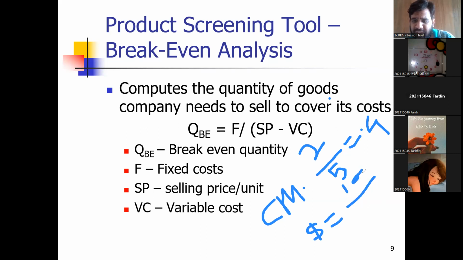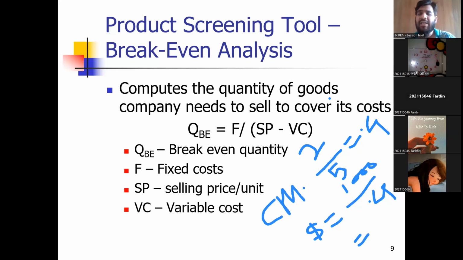Here the fixed cost is $1000 divided by 0.4 is equals $2500. So if you can sell $2500 equivalent value, this is also your break even point in volume, or you can calculate break even point at units. 500 units. You have to sell 500 units to be break even.